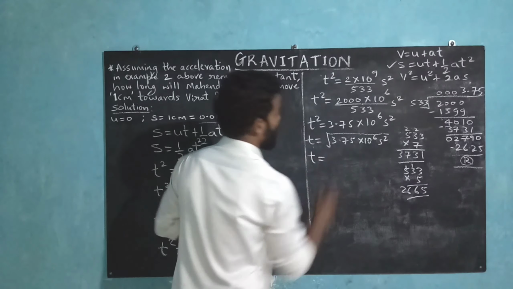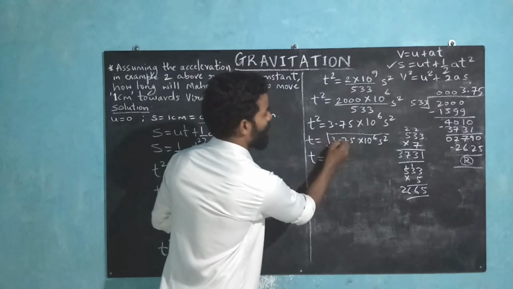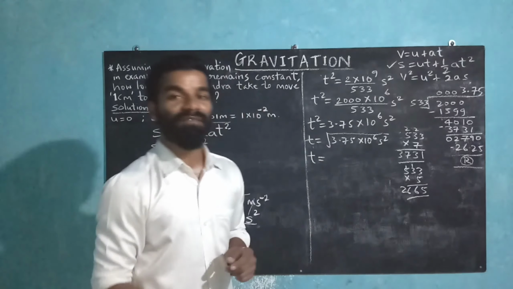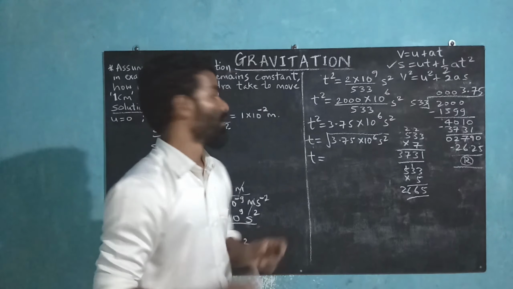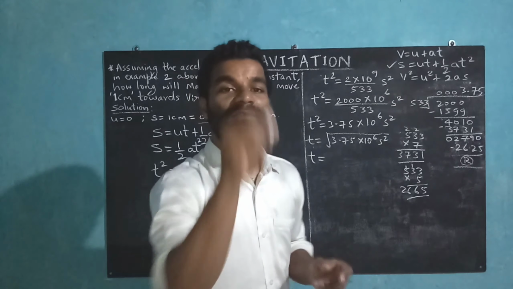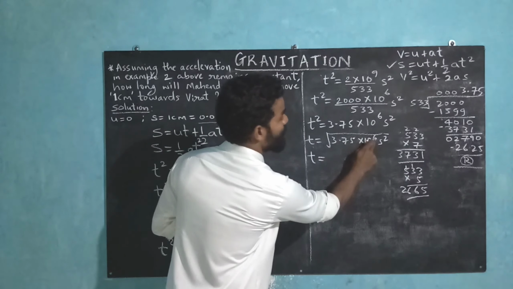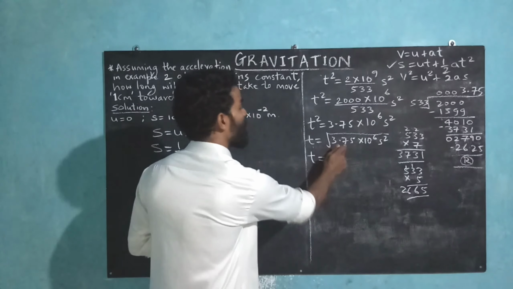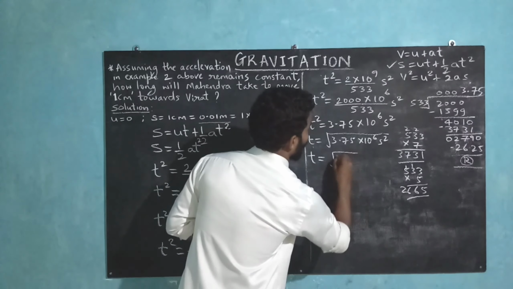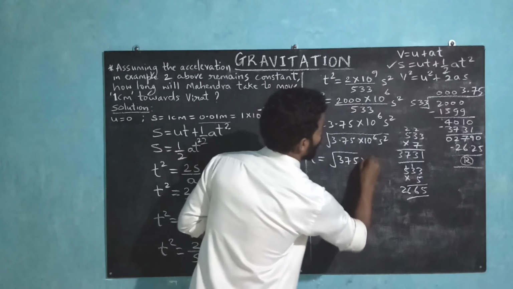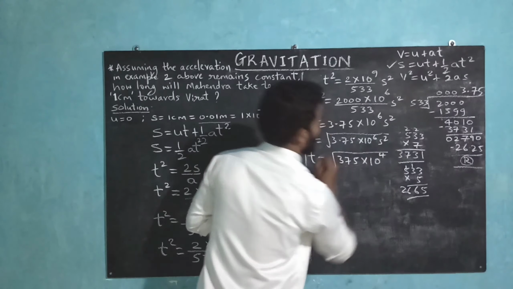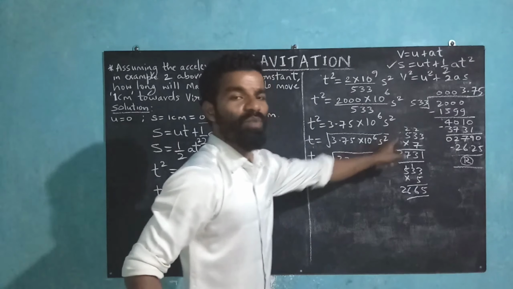So t will be equal to, you can make this a full figure 375, remove the decimals, because it will be difficult for you to take the square root of numbers with decimals. So these two zeros, another two zeros, you can multiply here and make this root of 375 into 10 raised to 4. The square root of second square will be seconds.